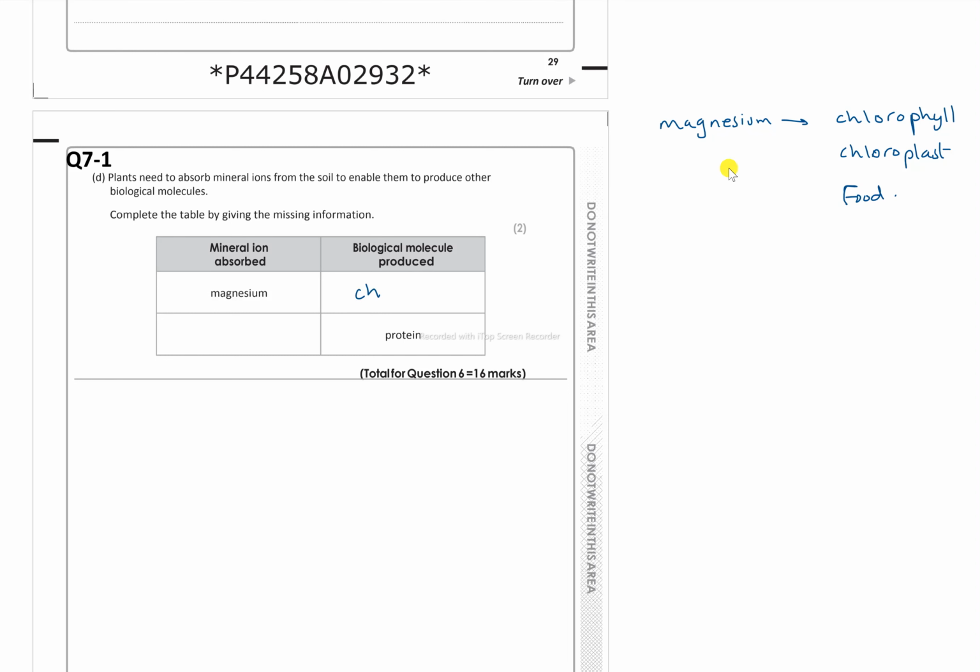So it's the chlorophyll molecule, the green pigment, the green color.